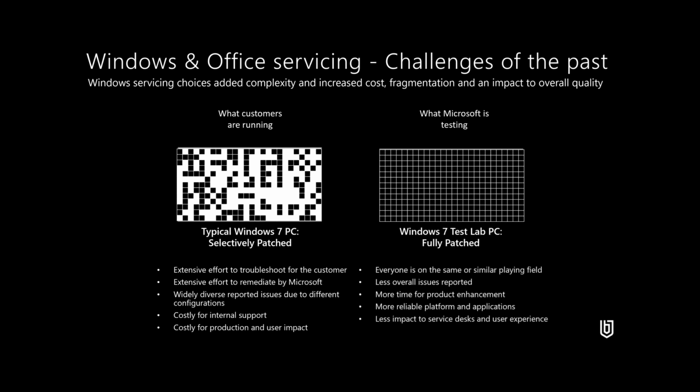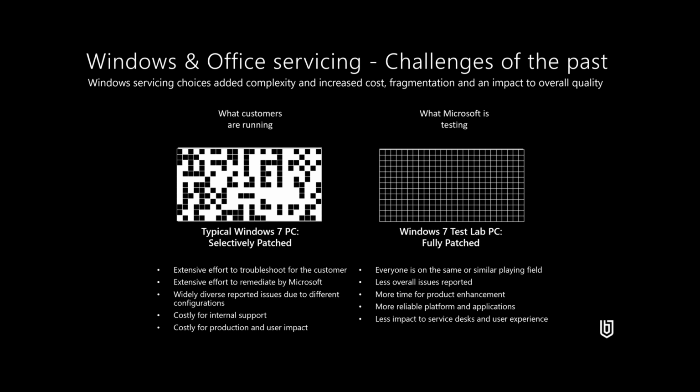So part of the new cumulative update model and the feature update model is based upon a system where it's always fully patched. And that has a lot of benefits. For example, every customer is now on the same or a very similar playing field. Obviously, there are potentially some differences, but for the most part, the bulk of it is the same, which means overall there are a lot fewer issues being reported. There's a lot more time for Microsoft to work on product enhancements, proper fixes and security.